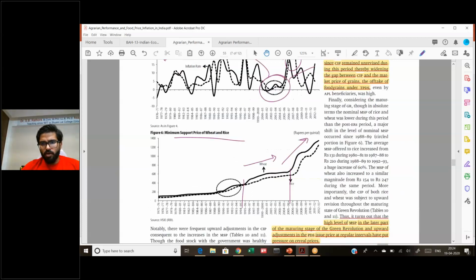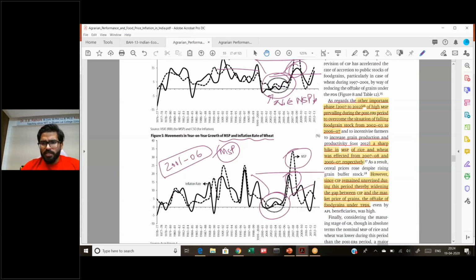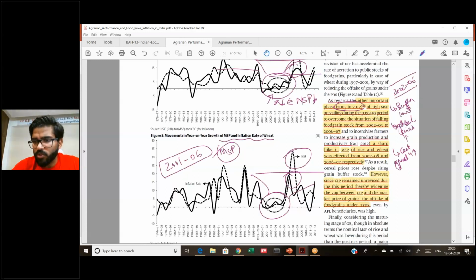Moving forward, the next phase is from 2007 till 2012. As I've already told you, between 2002 and 2006 the food grain buffer stock was low, global prices were high, and the cost of production was increasing.